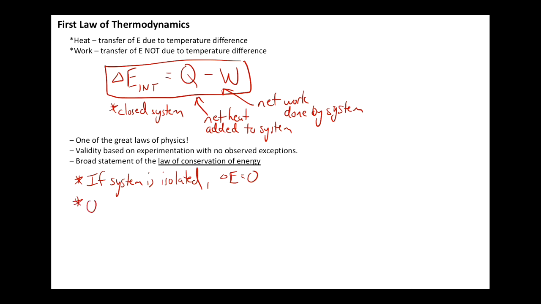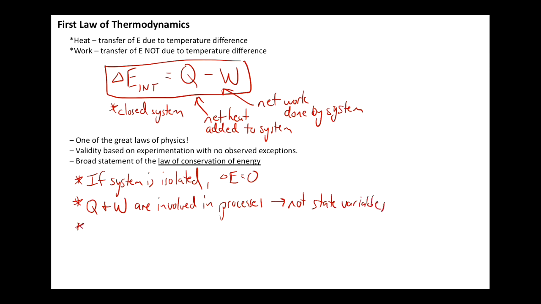I should point out that Q and W are involved in processes. Remember, we said that heat is about energy that's in transit. It's moving from one object to another. Well, work is also a transfer of energy. They don't have to do with what state the system is in. So Q and W are not what we would call state variables.